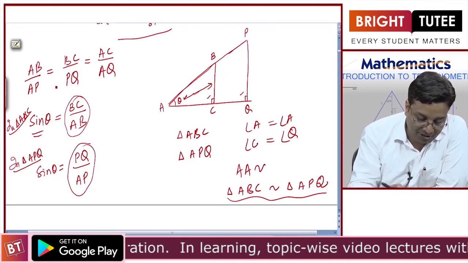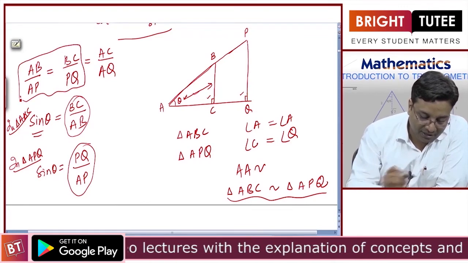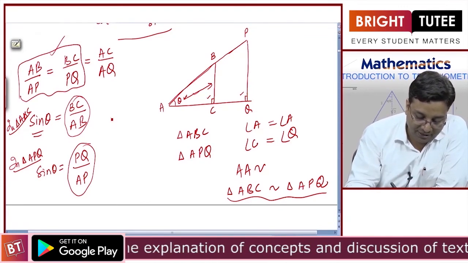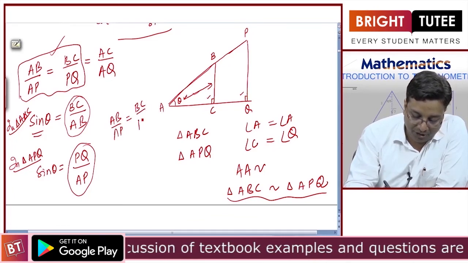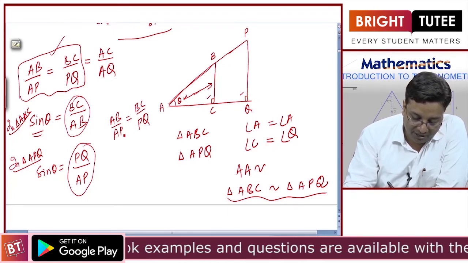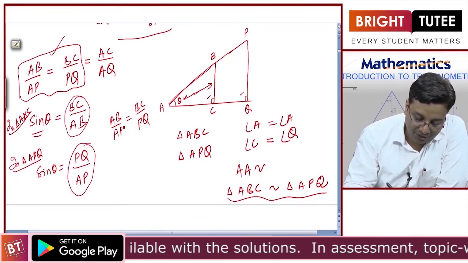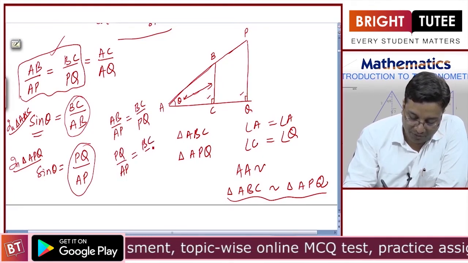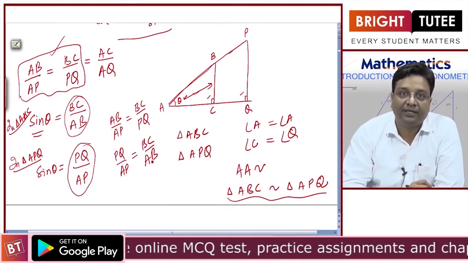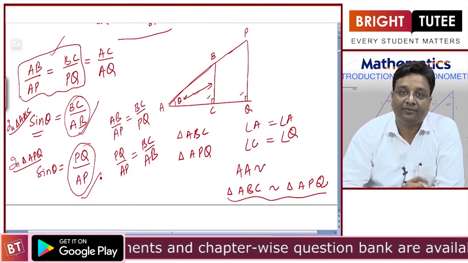So how can we create BC upon AB from here? Let's use this one. If you use this equality, AB upon AP equals BC upon PQ, from here you can say BC upon AB, let's bring this PQ here, PQ upon AP is equal to BC upon AB, right? So this ratio is equal to this ratio, right?